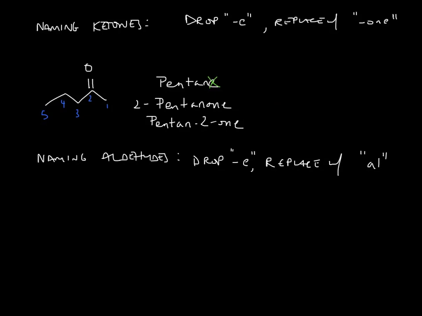So for example, here is a, how big is that? That's a 7-carbon chain. And instead of being heptane, we would drop the E at the end, and this would become heptaneal, or heptanal.